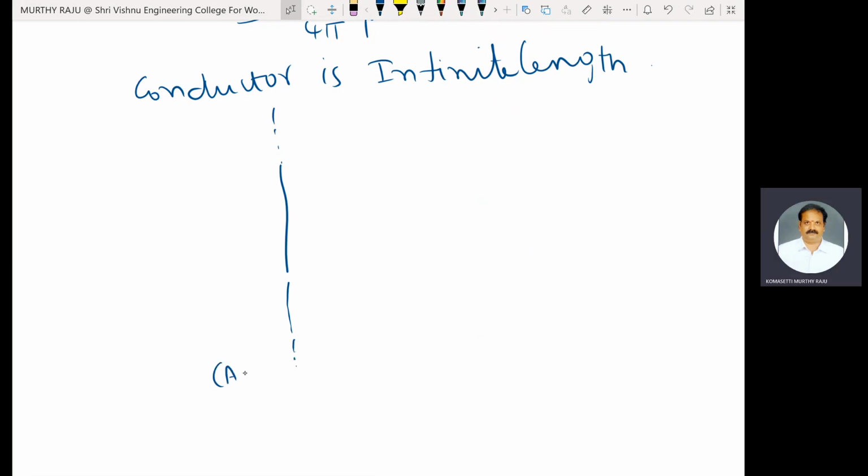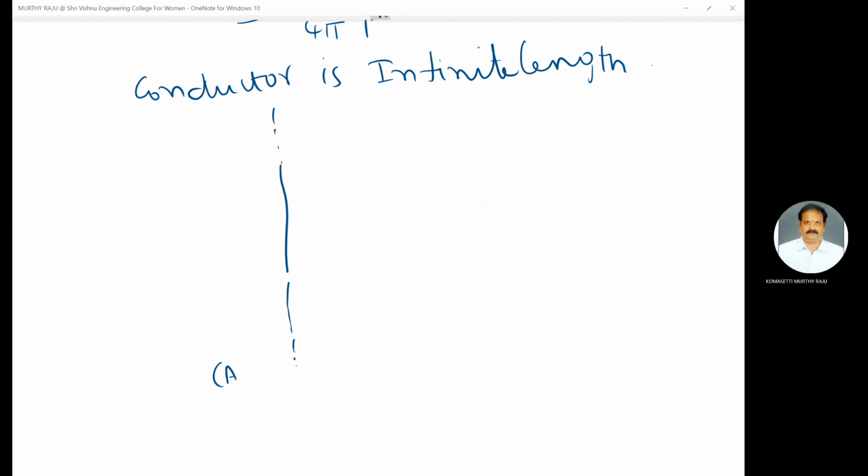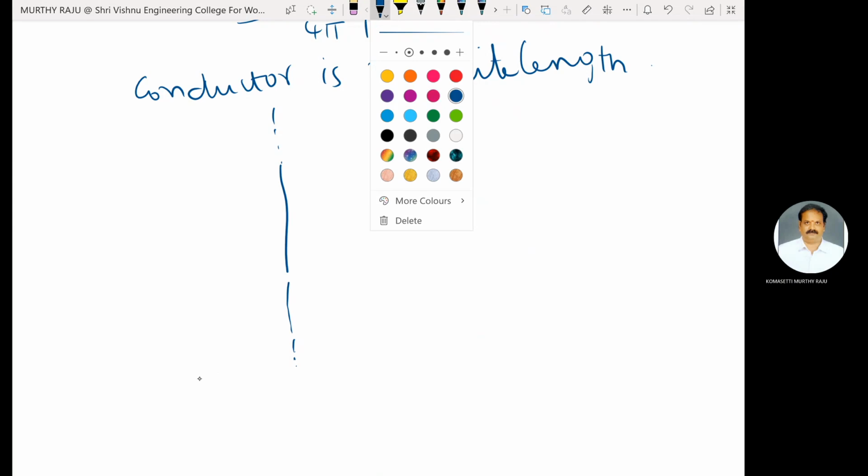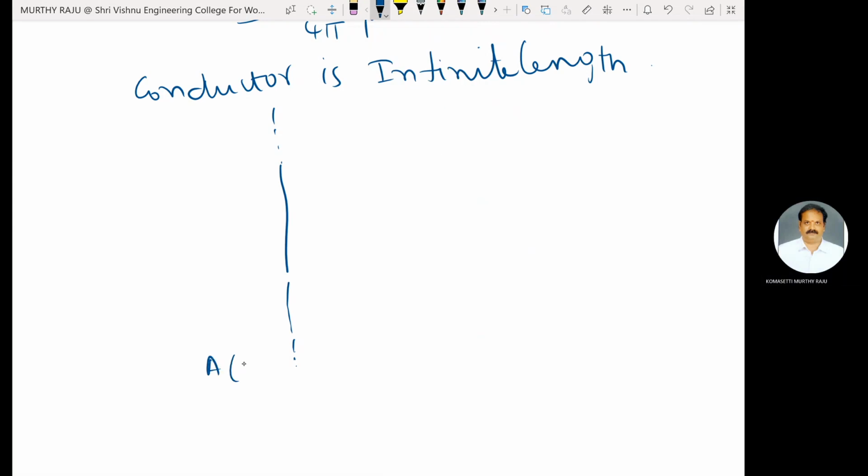Here A is at 0, 0, infinity, and B is at 0, 0, minus infinity.